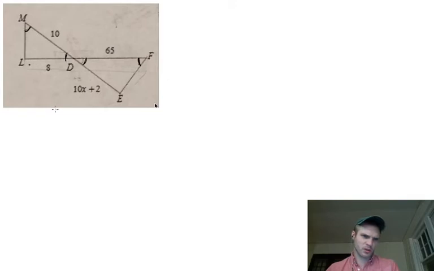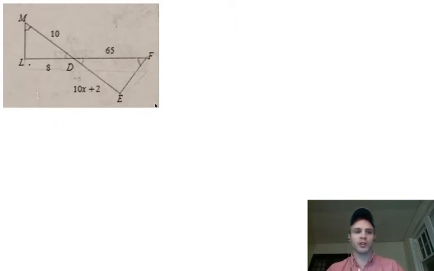Let's see. So this one looks to be right to me, but I wouldn't assume that unless I was told otherwise. Oh, I see. They drew in these vertical angles, but this was given. So angle M is congruent to angle F. Okay, so that's actually enough for us to get similar triangles through angle, angle, angle.